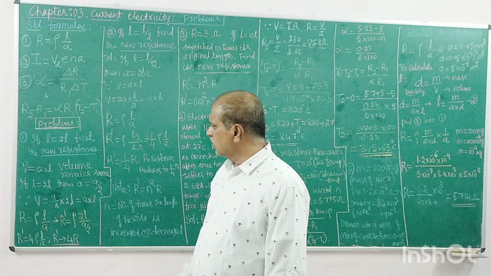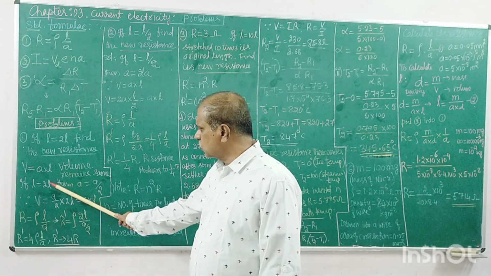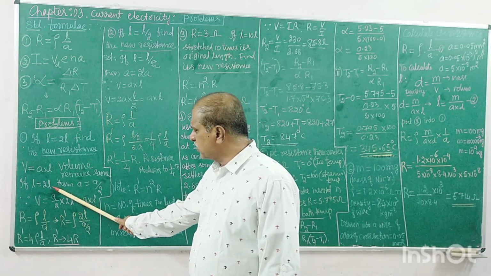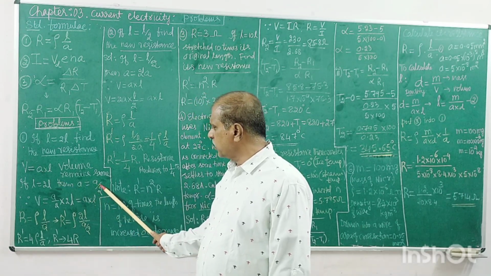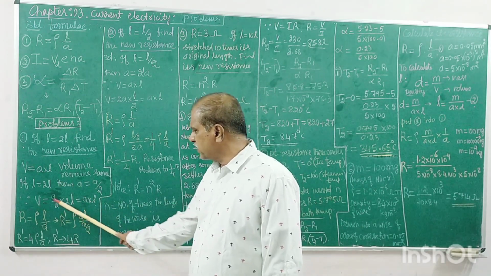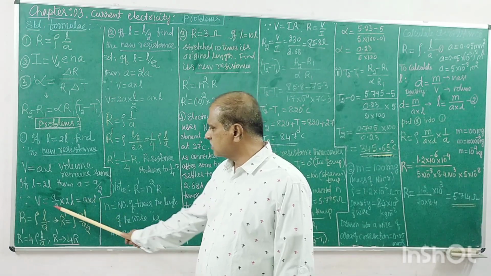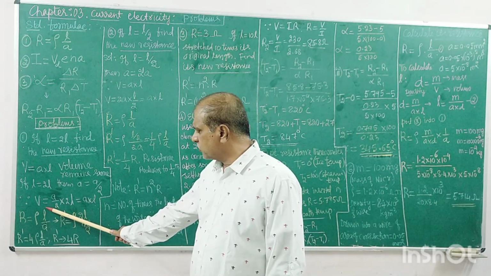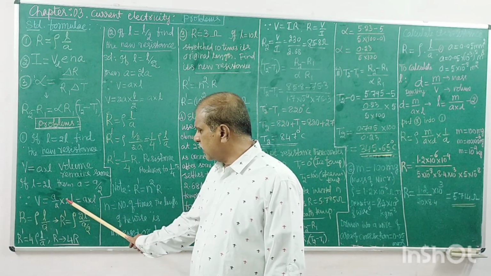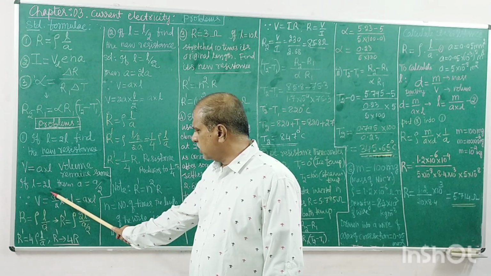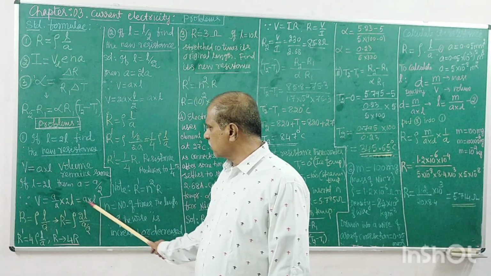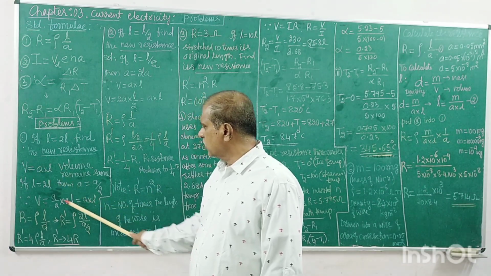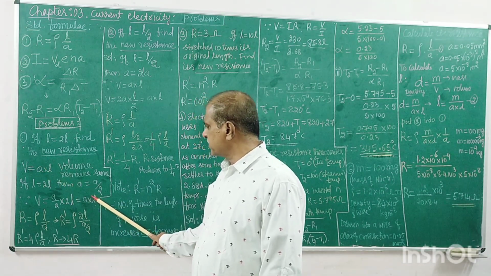In this problem, if L changes to 2L, what would be the possible change in A? Only when A becomes A by 2, then volume remains same. Because you can give a proof like that. V is equal to, if L equals 2L and A equals A by 2, the 2s cancel, we get back A into L. That is V equals A into L. If this is the case, the volume remains same.